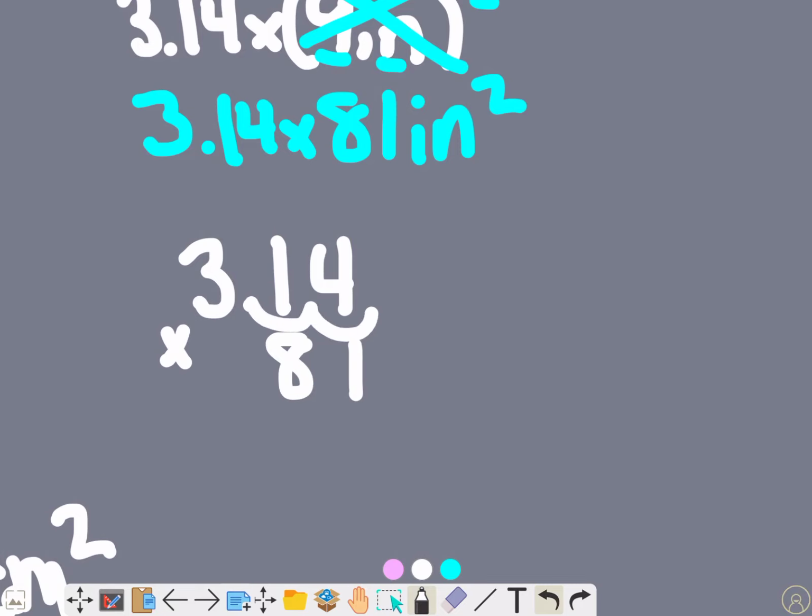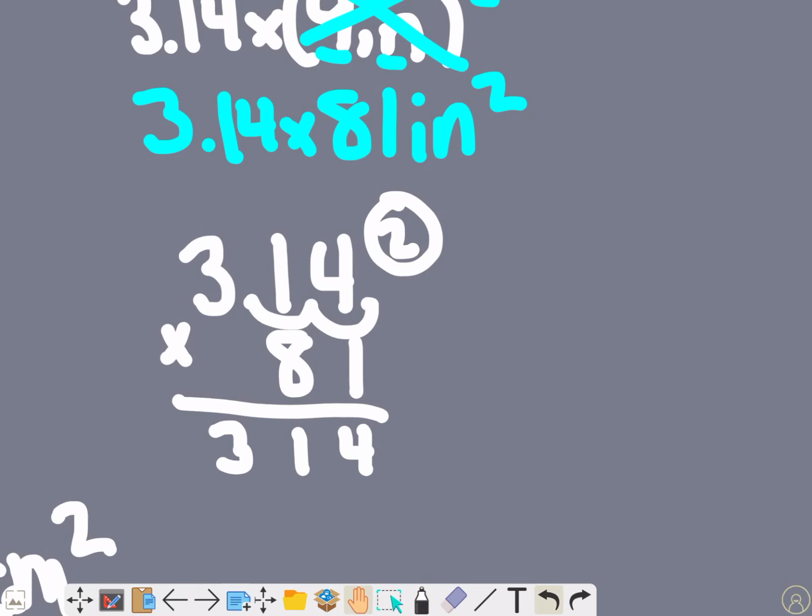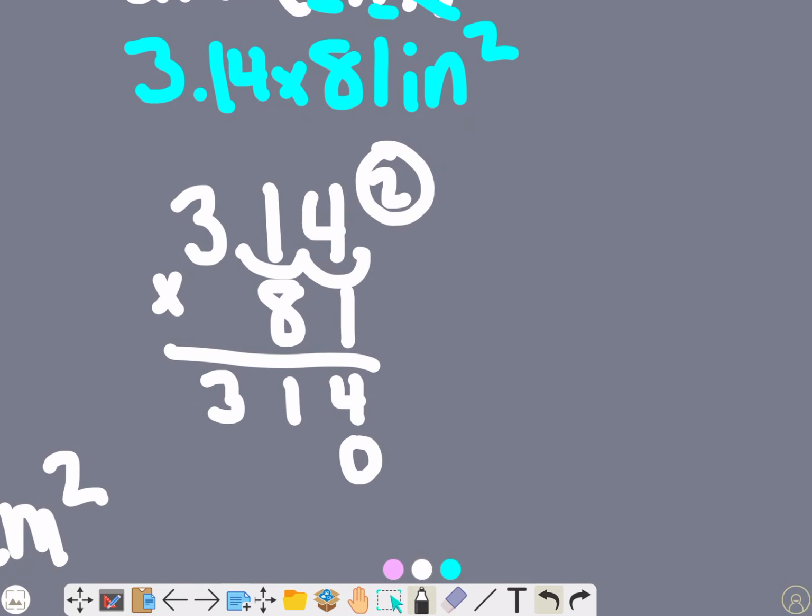81, jump my decimal twice. 1 times 4 is 4, 1 times 1 is 1, 1 times 3 is 3. I need to skip a line and put a 0. 8 times 4 is 32. 8 times 1 is 8, plus 3 is 11. 8 times 3 is 24. 24 plus 1 is 25.